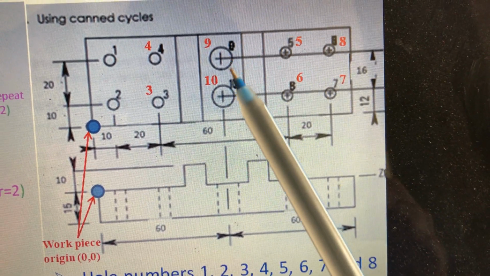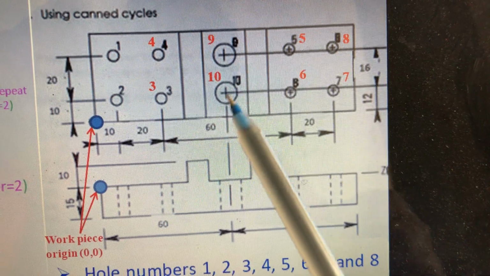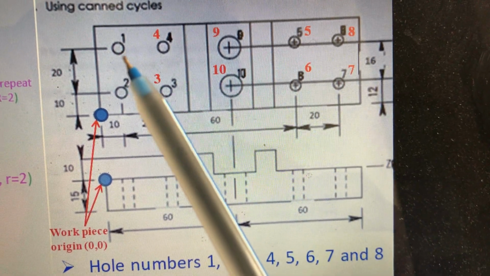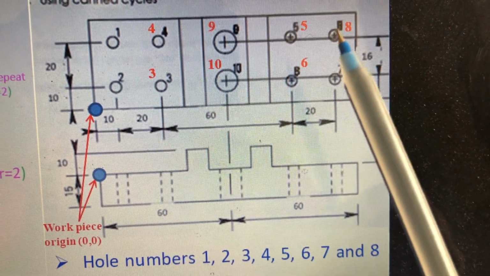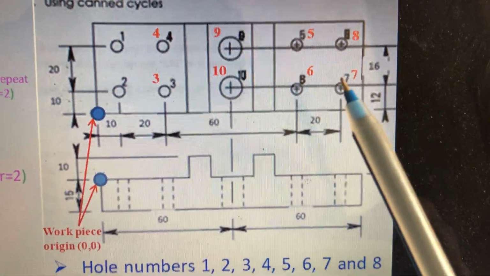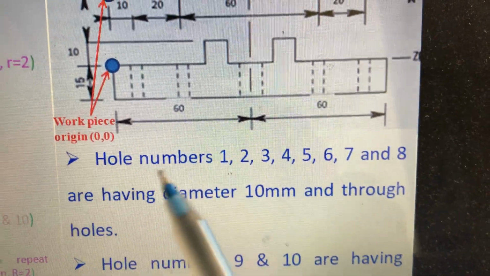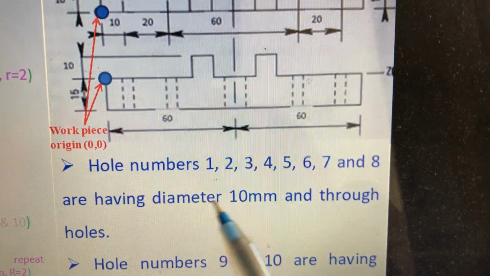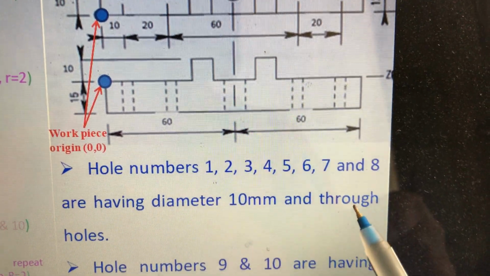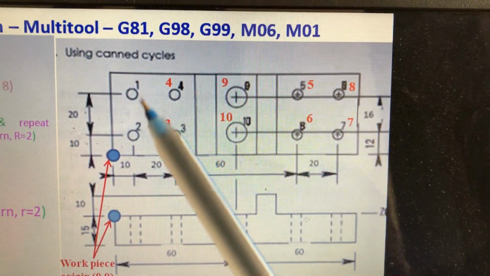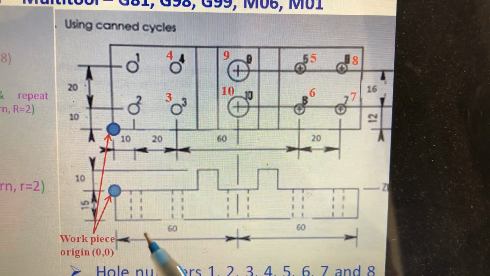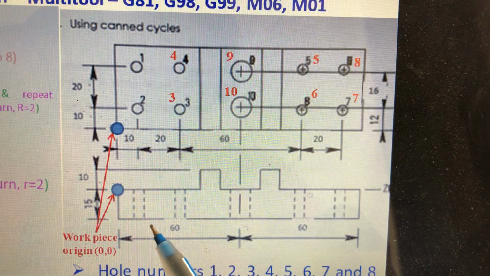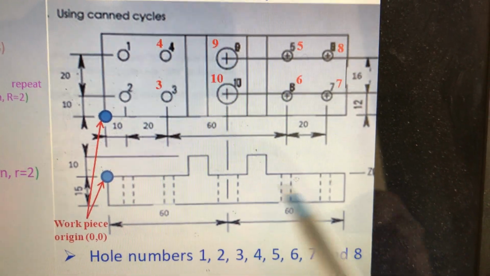Hole numbers 9 and 10, these two are of different diameters, whereas hole numbers 1 to 8 are the same. Holes 1, 2, 3, 4, 5, 6, 7 and 8 have a diameter of 10 mm, and they are through holes, meaning continuous holes from the top to the bottom surface of the workpiece.